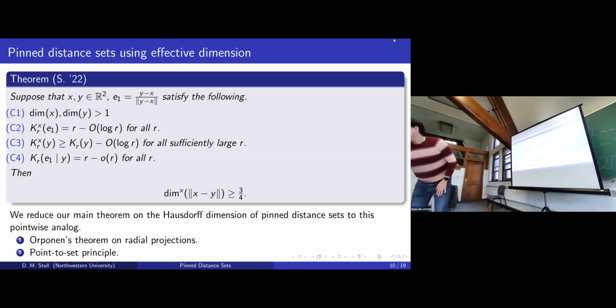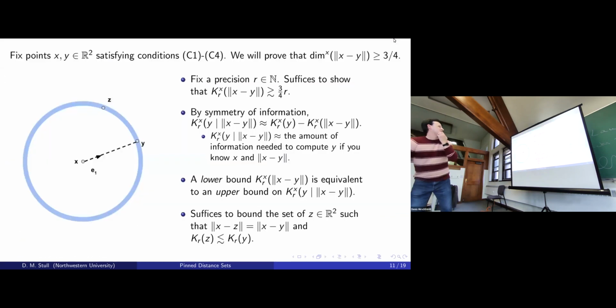Okay. All right, so we're going to focus on proving this theorem. We're going to fix these points x and y, which satisfy the 4 conditions, the independence that we need. And we want to prove that the effective dimension of the distance between x and y relative to x is at least 3/4.